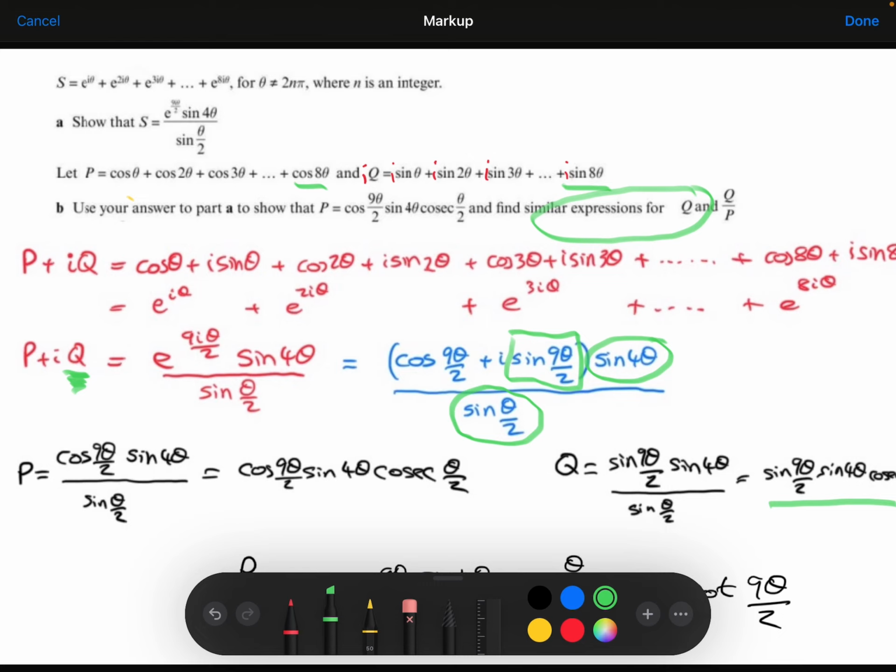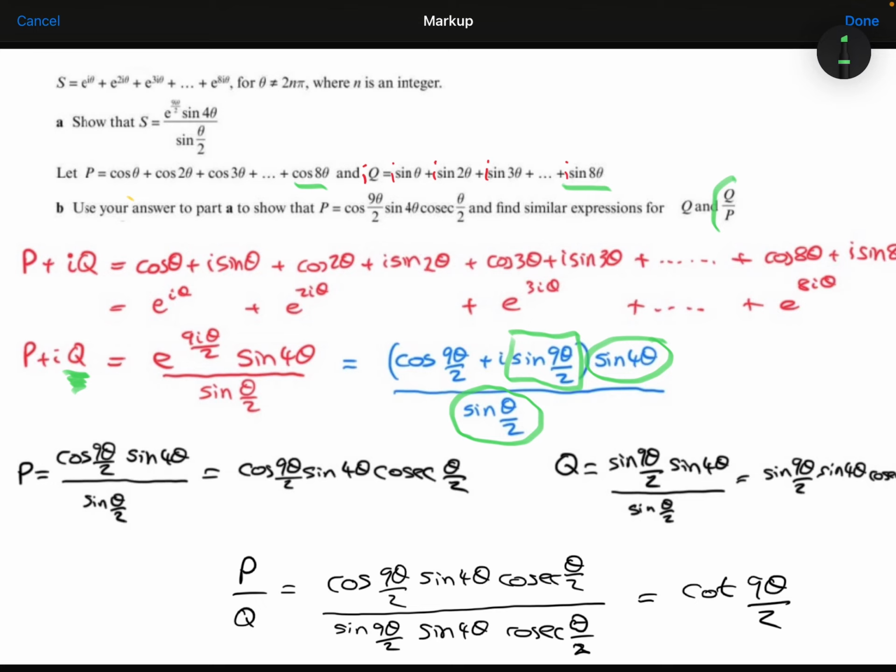And the final part of the question, Q over P. Well, I've actually written down P over Q there. That should be Q over P, the other way around. It should be sine 9 theta over 2 over cos 9 theta over 2.